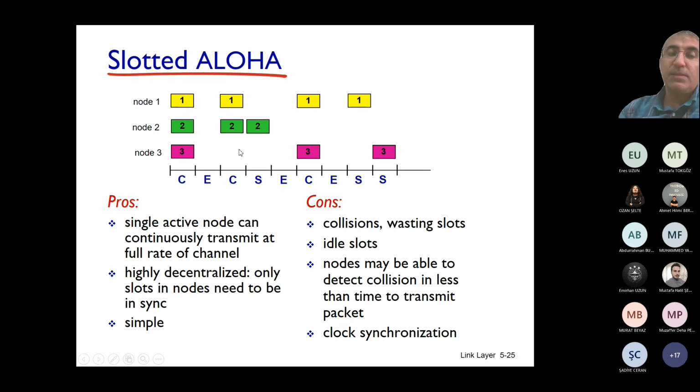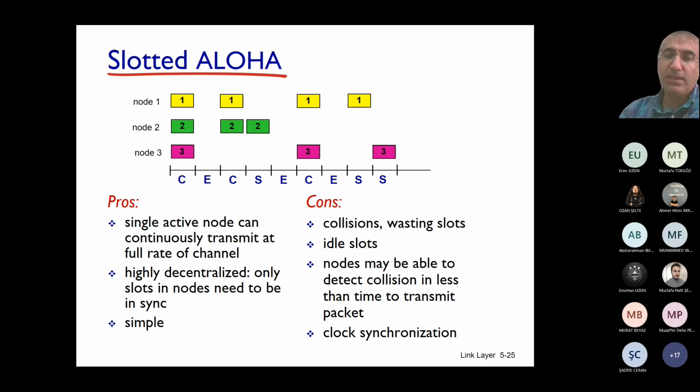Some of the nodes are conservative. Let's say in this case node 3 is conservative, so only two nodes attempt to resend in the third slot. And again, as you see, node 1 and node 2 collide with each other. So they detect the collision, and these two step back again.